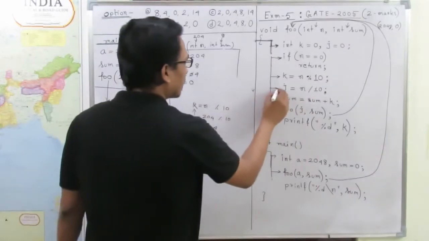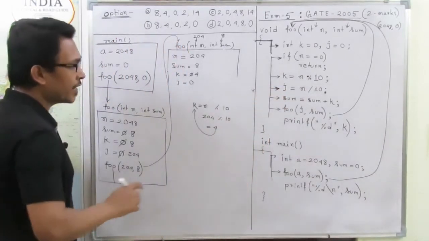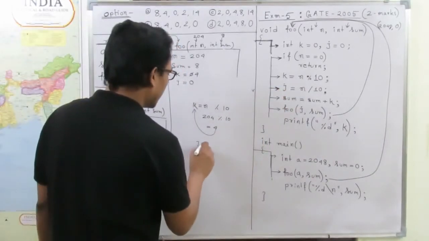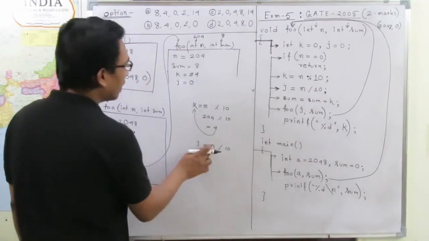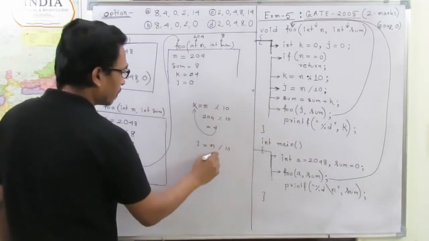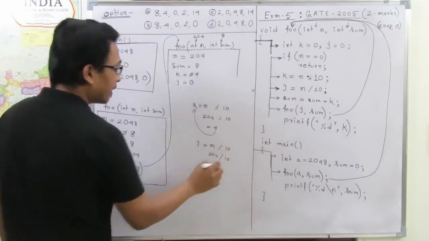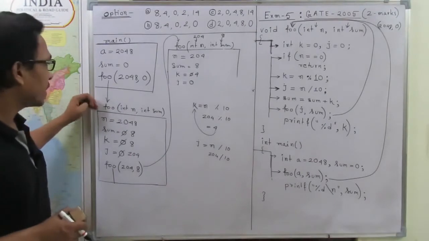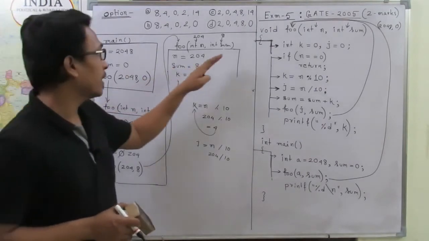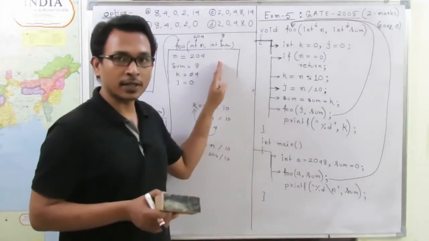What is the next instruction? The next instruction is j equal to n divided by 10. What is the value of n? The value of n is 204. Now look, we are not in the main block, we are not in the first instance of foo function, we are in the second instance of foo function.